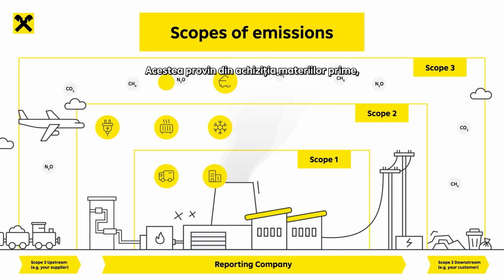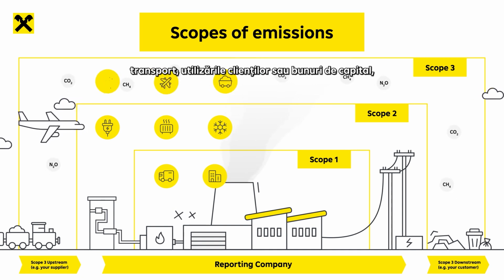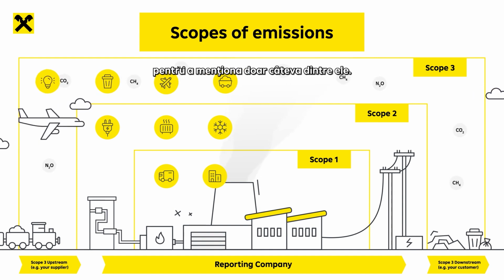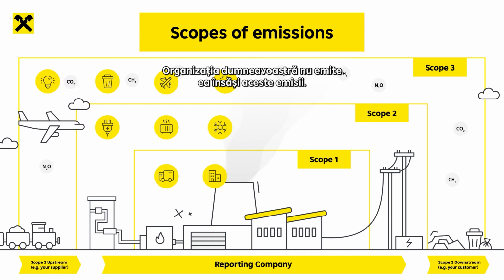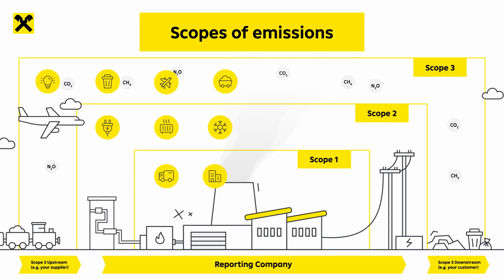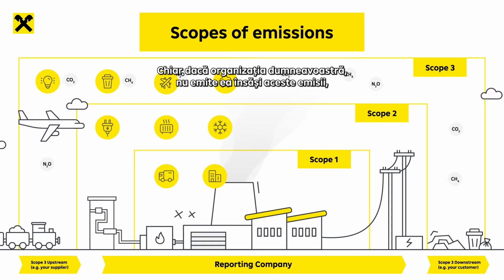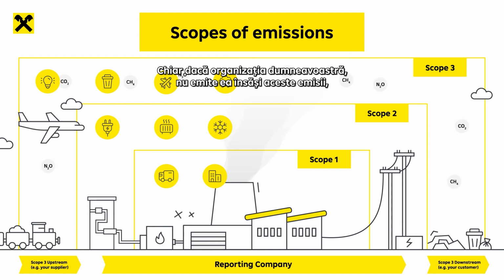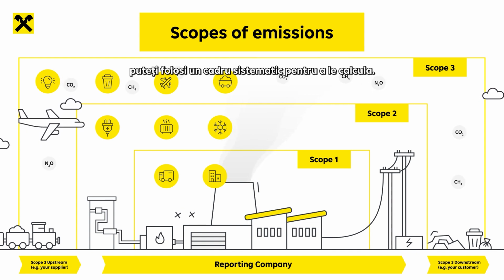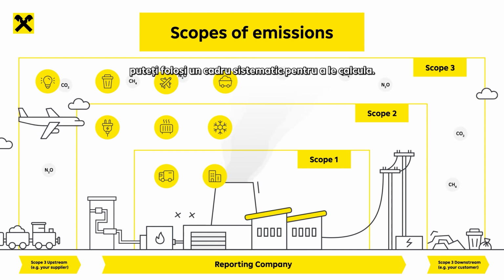They come from purchased raw materials, transportation, customer usage, or capital goods, to name a few. Your organization is not emitting these emissions itself. A reporting company needs to calculate up and downstream emissions. Even if your organization is not emitting these emissions itself, you can use a systematic framework to calculate them.